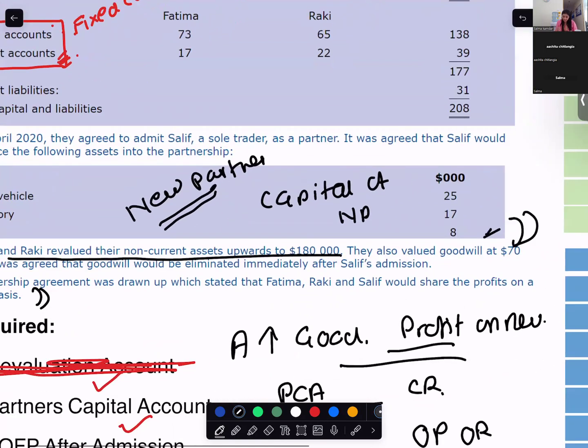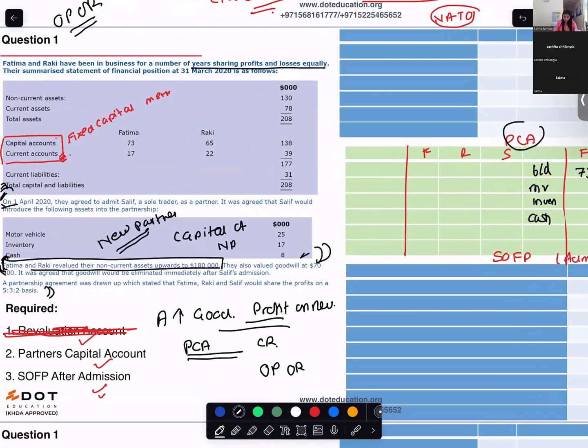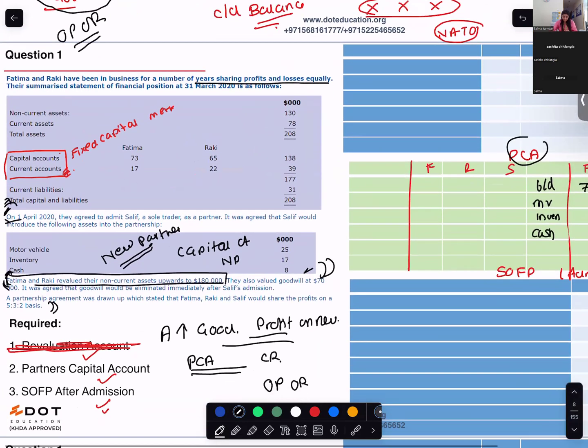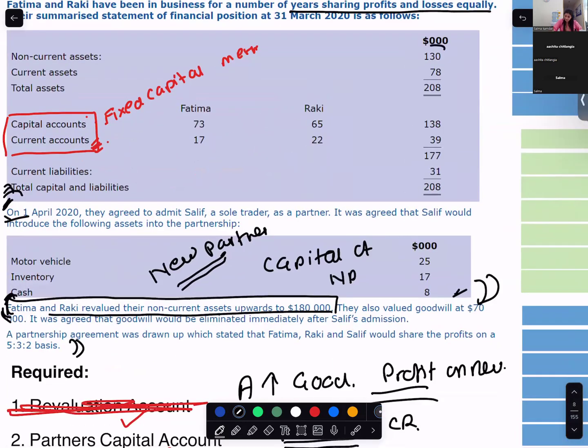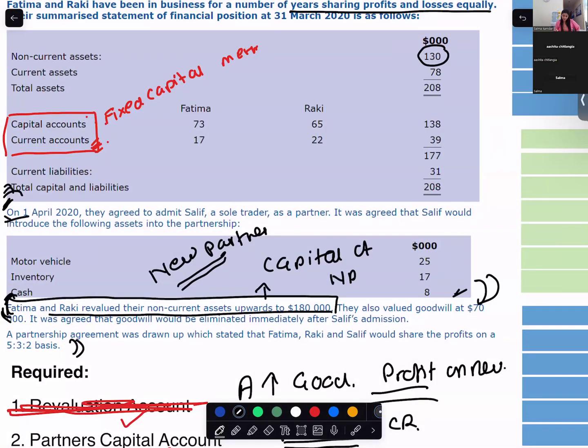They have revalued it upwards to 180,000. So what were the old non-current assets? The old non-current assets were 130,000, revalued upwards to 180.